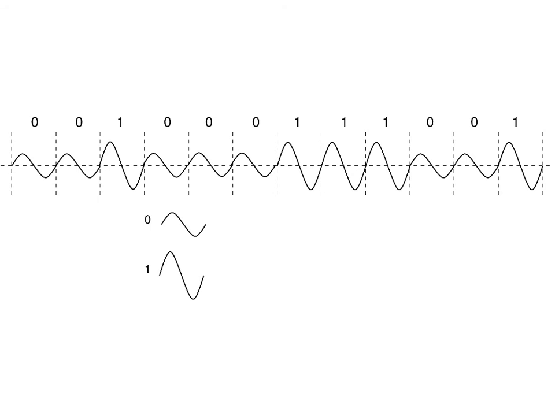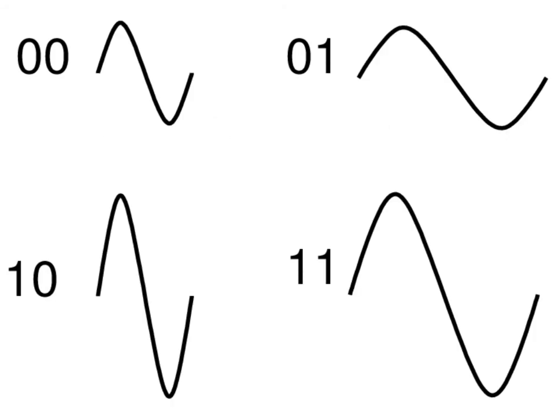Let's look at another scheme. Let's vary 2 parameters of our sine equation at the same time. Remember, we've got 3 parameters: amplitude, frequency, phase.